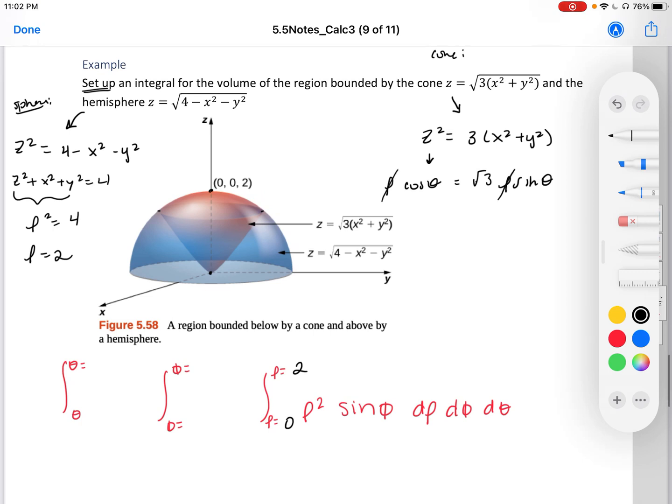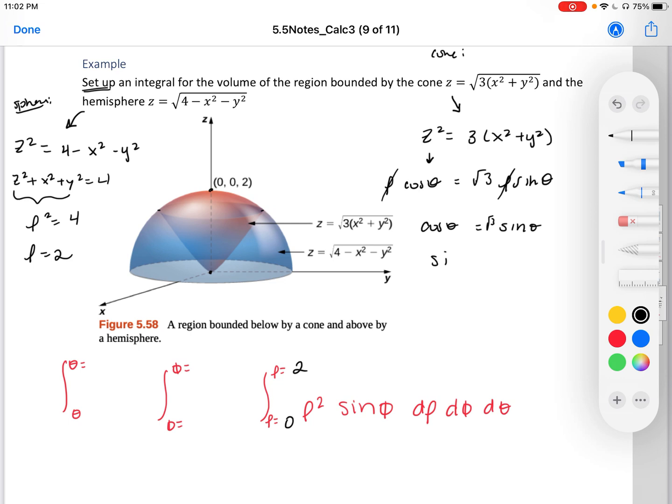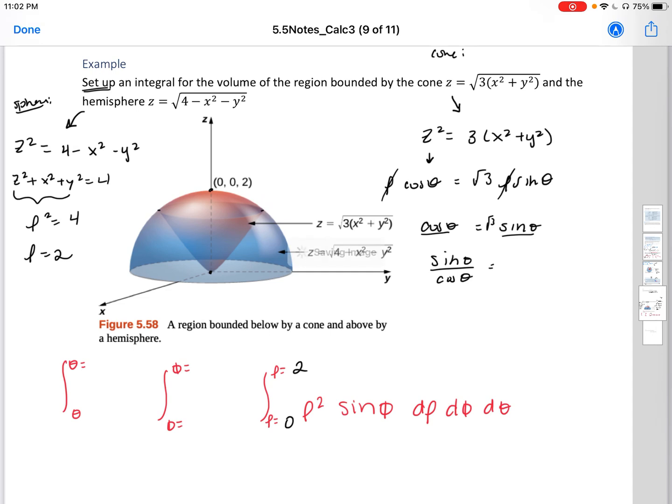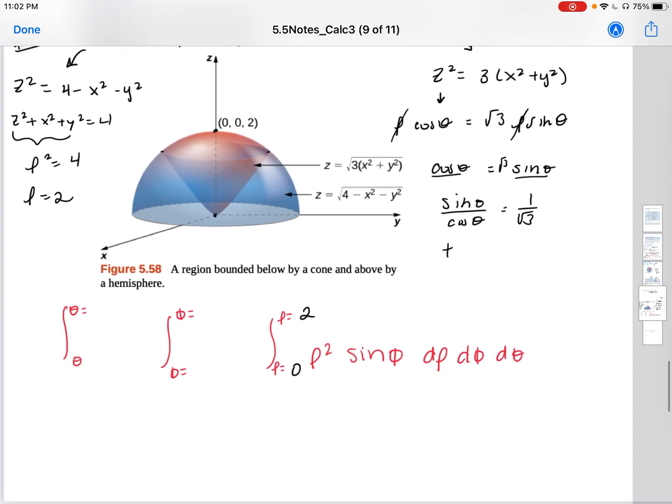So we can go ahead and divide out that rho, and we have cosine theta equals square root of 3 sine theta. And if we take the time to rewrite it, we have sine over cosine. So if we divide the cosine on both sides and get the square root of 3 to the other side, we have 1 over square root of 3. Sine over cosine is tangent, so tangent theta is 1 over square root of 3.